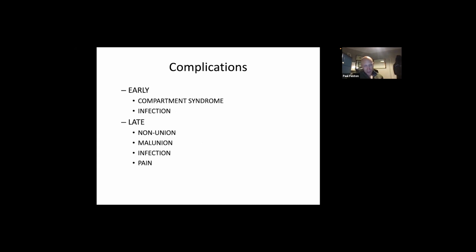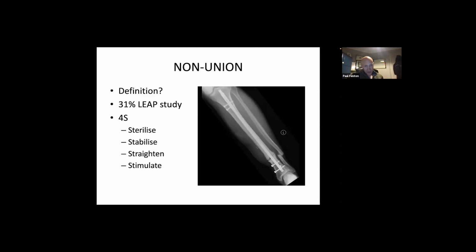And then obviously, there may be later issues with chronic pain, and that can then give impaired function. Non-union: in the LEAP study, nearly a third of their patients had problems with bone healing. That was the higher end injuries, not talking about the more straightforward ones.